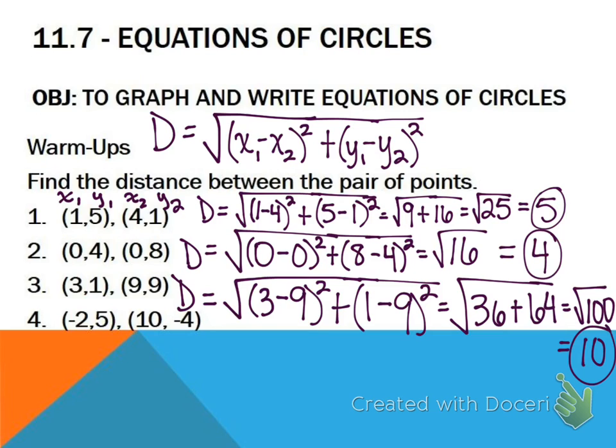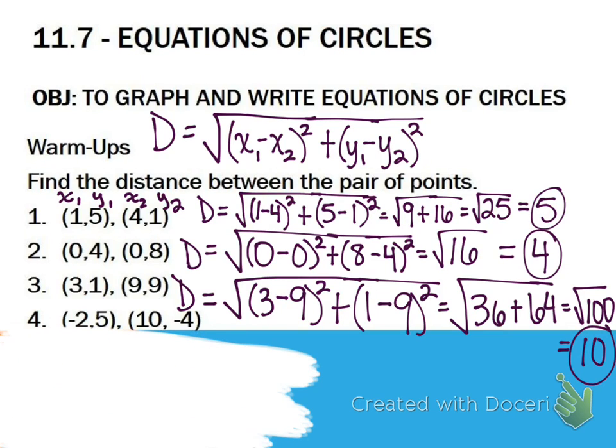Do we have questions before we move on to number 4? What's different about the numbers in number 4? We have some negatives, so we've got to be careful with our signs. So let me make this easier to show up on the board.